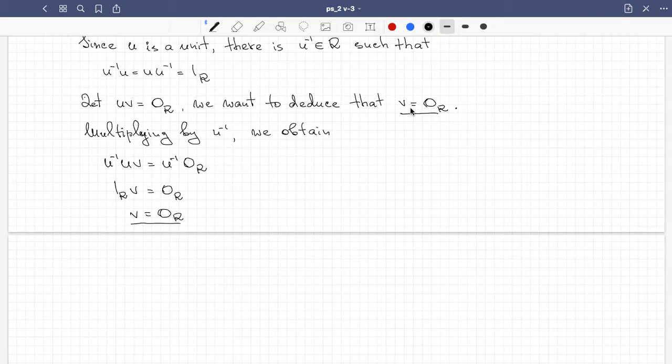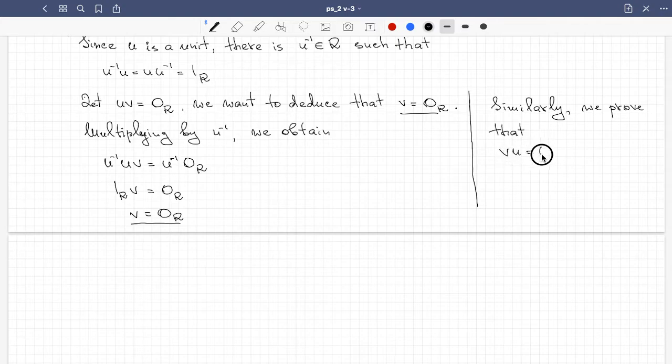Formally this is not the end of the story, because we need, and this is very similar, to prove that VU is 0 implies V is 0.